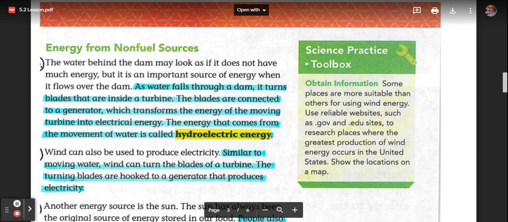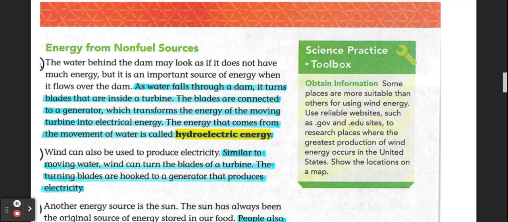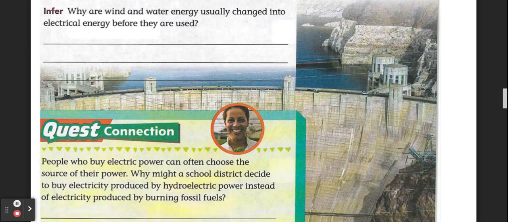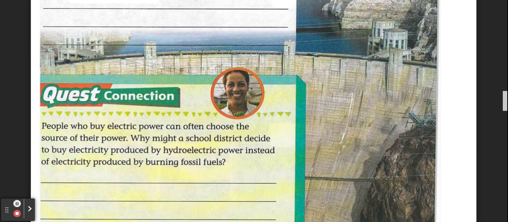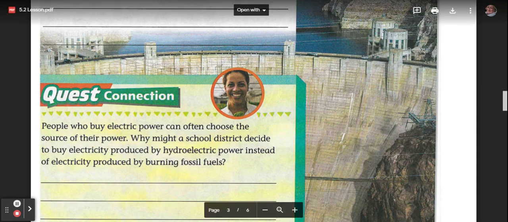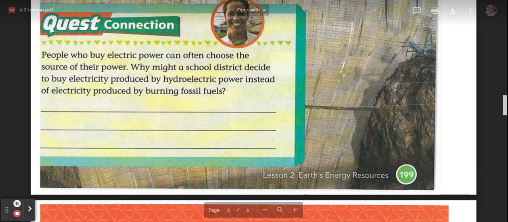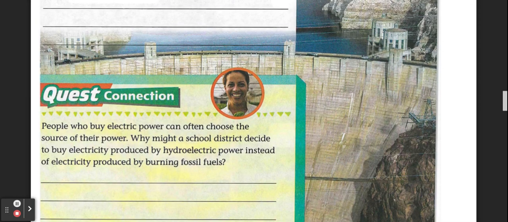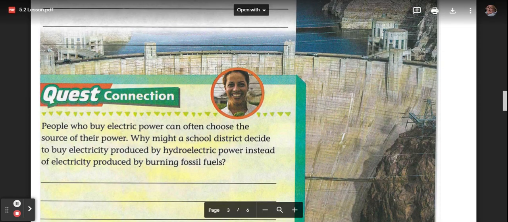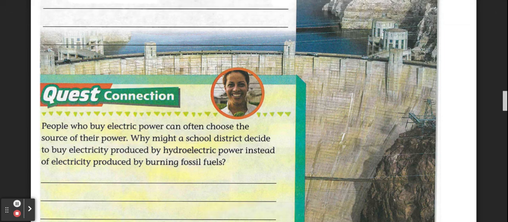Okay, non-fuel sources. So let's talk about hydroelectric, and that has to deal with the picture down here below. This is a picture of a dam, and as you can see, it holds back a lot of that water. And so as it's pushing back that water, sometimes they will allow that water to trickle over, and as it does, again, here's that word turbine again.